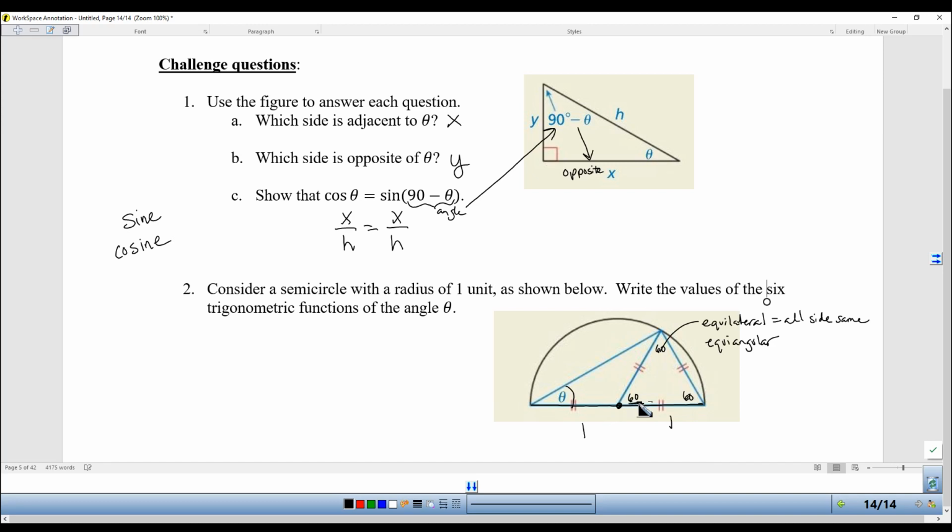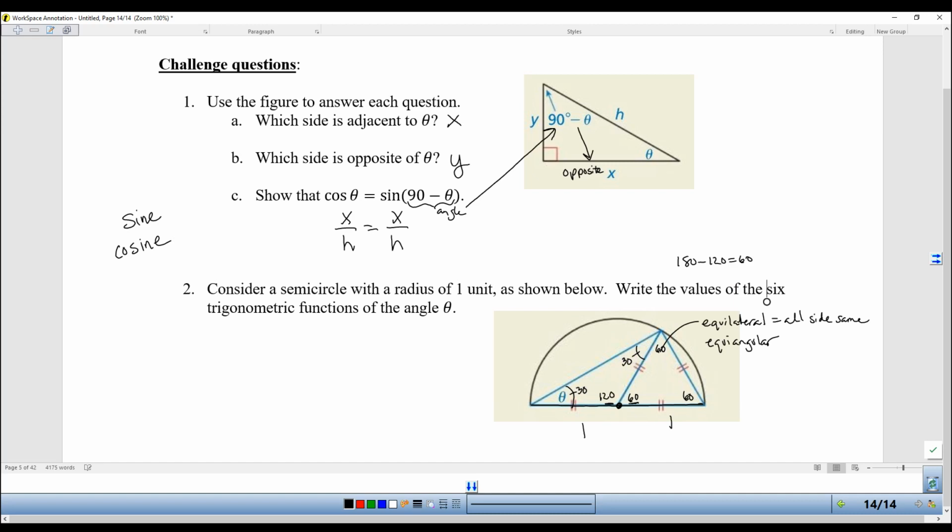And then these two angles form a straight line, which is 180. So this must be 120. And then if this is 120 and these two are the same, then these two angles are also the same. So what's left in my triangle, 180 minus 120 is 60, but there's two of them. So these must each be 30.